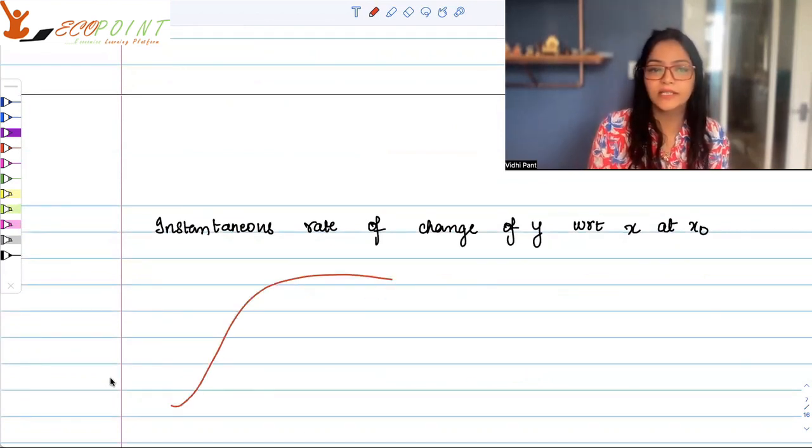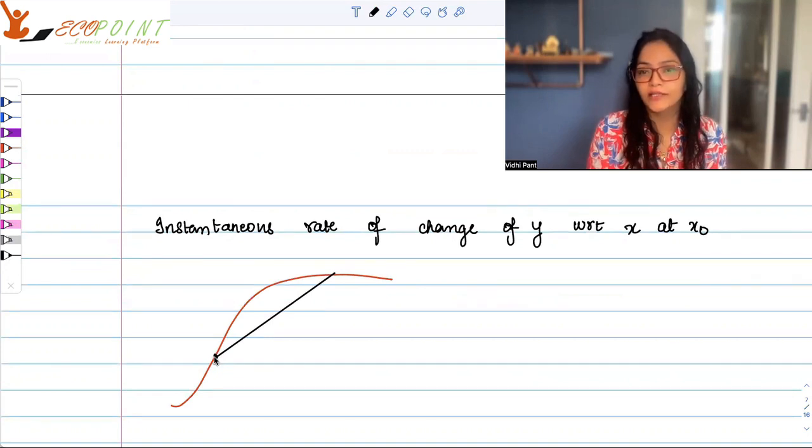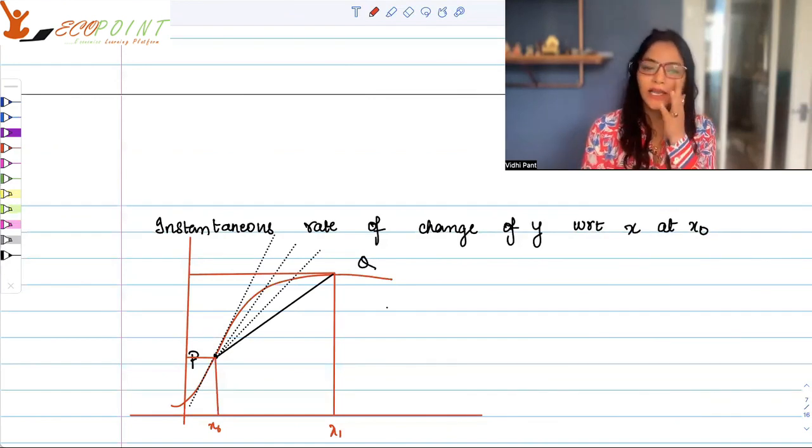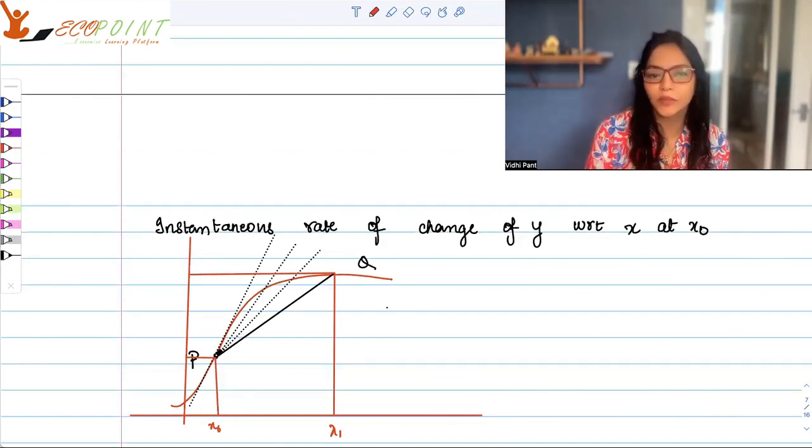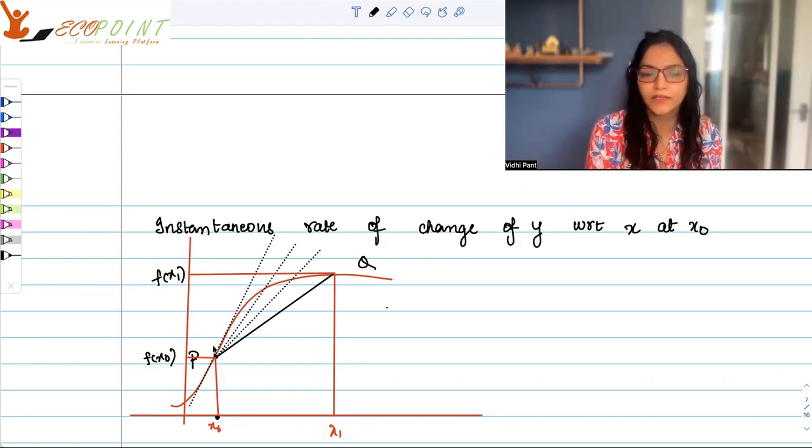So suppose this is the graph of the function and I'm interested in figuring out what is the rate of change at this particular point. Let me just give you the idea again geometrically. Suppose your point x0 is here, x1 is here, and the functional value that x0 gives you is f(x0). The functional value that x1 gives you is f(x1), which is here and here, as you can see.